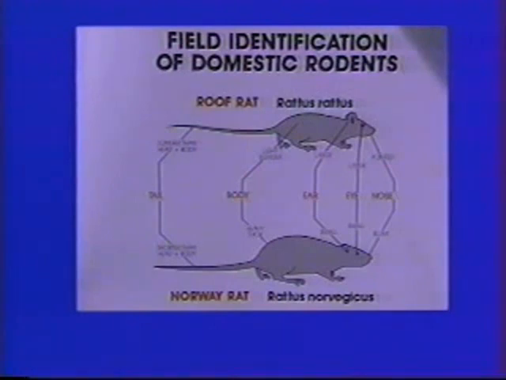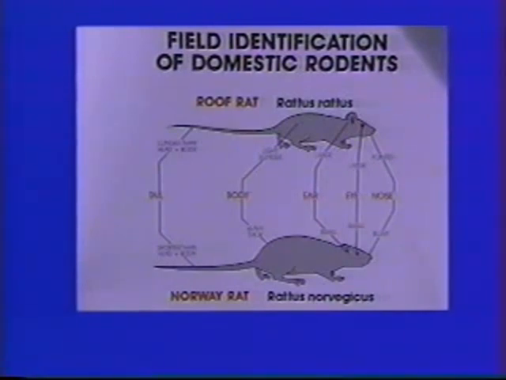The Norway rat will have a fecal pellet about 3/4 of an inch long, and it's blunt, and the roof rat's will be about 1/2 an inch, and tapered at both ends. And the most important thing is to determine the freshness of it. Remember, when you find it, pick it up, bite it. If it's soft, it's fresh. If it breaks, it's old. That tells you exactly what you need to know.